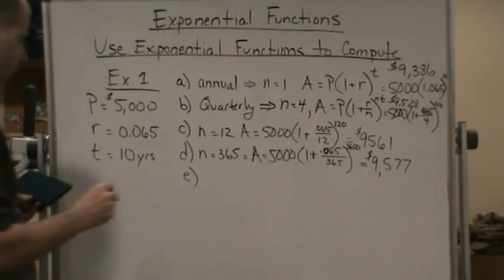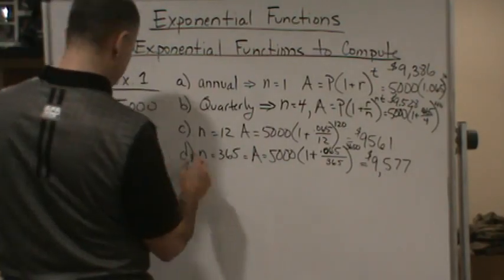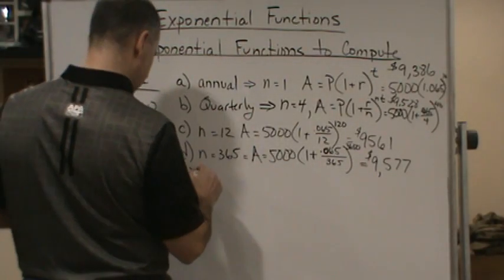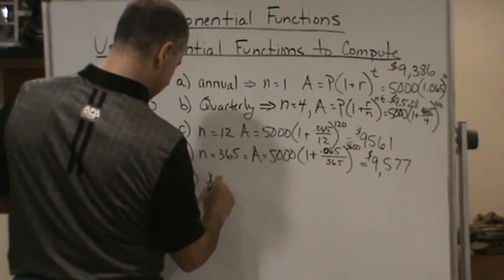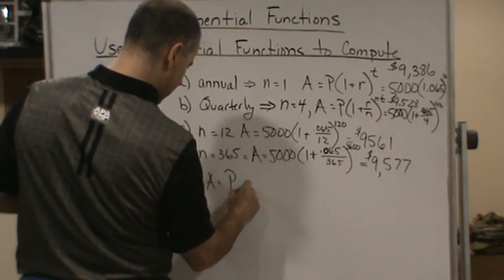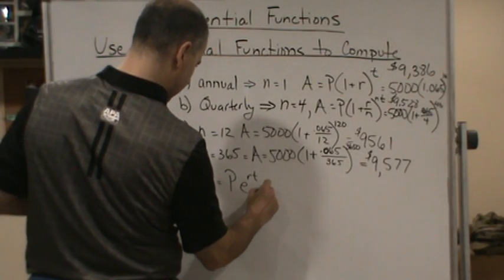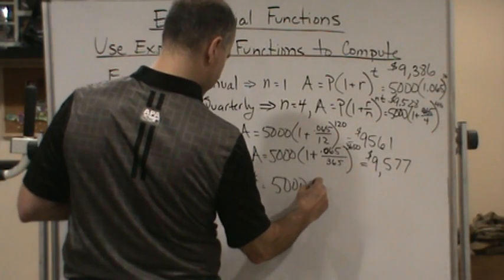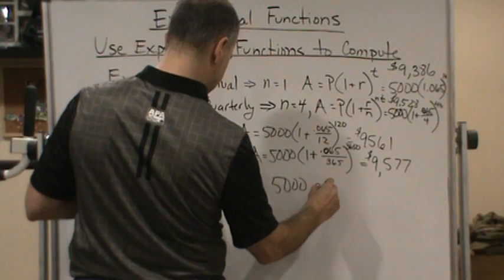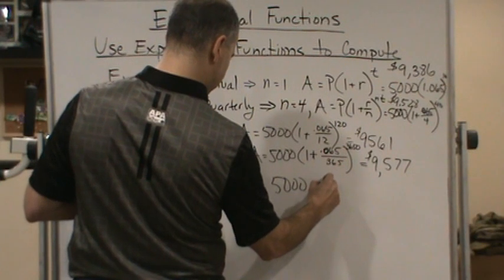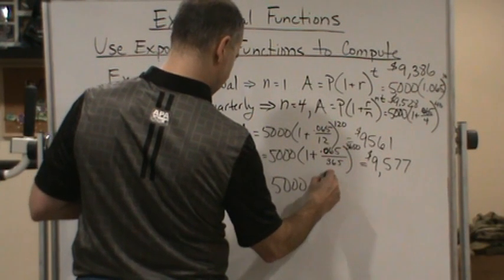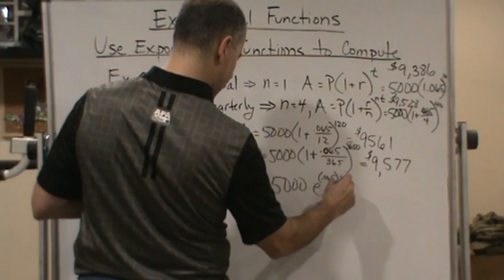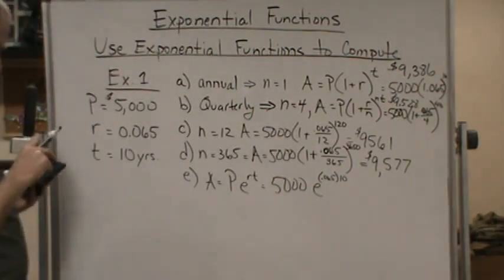And then finally, continuous compounding. Well, with continuous compounding, we use a different formula. That's going to be A equals P times e to the rt. So this is going to be 5,000 times e to the 0.065 times 10. And so now let's do that one.